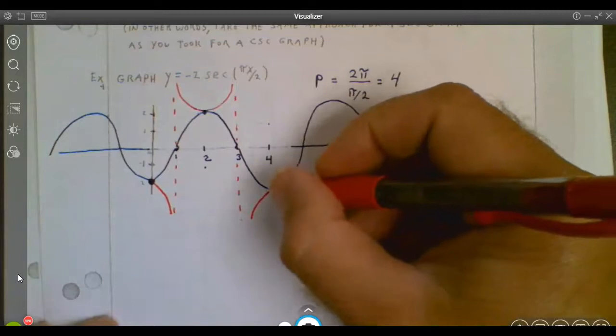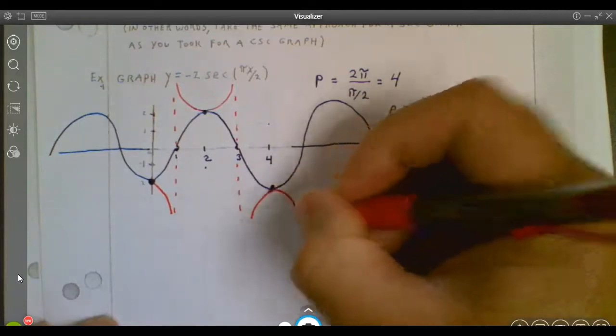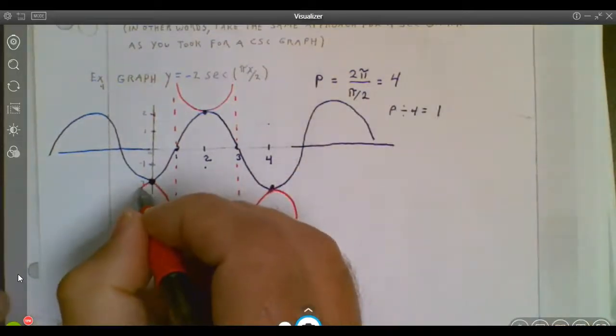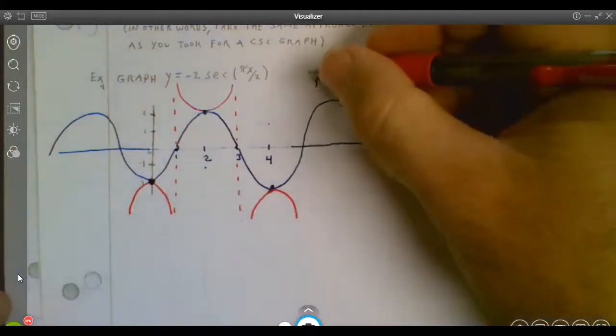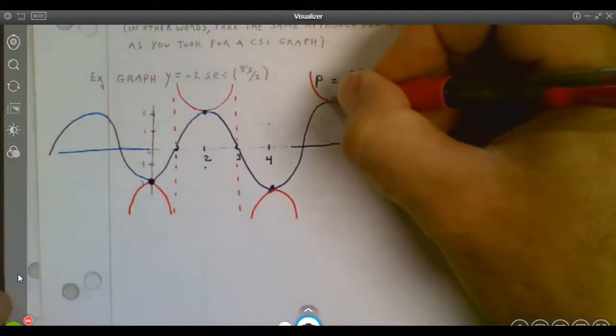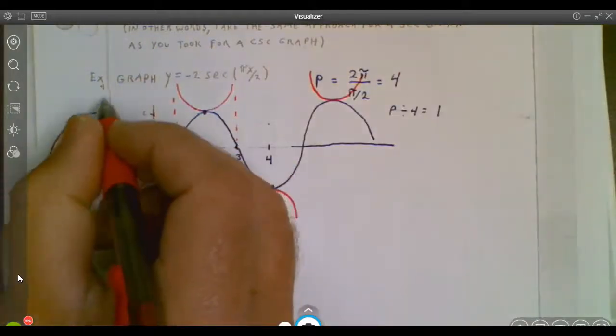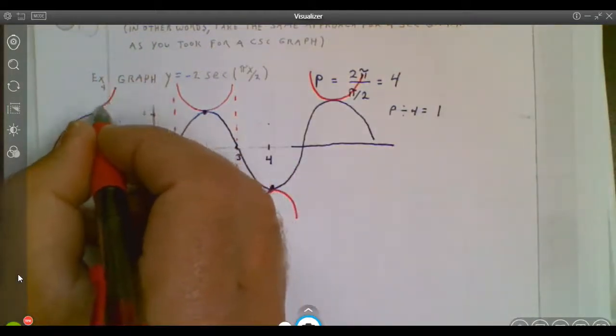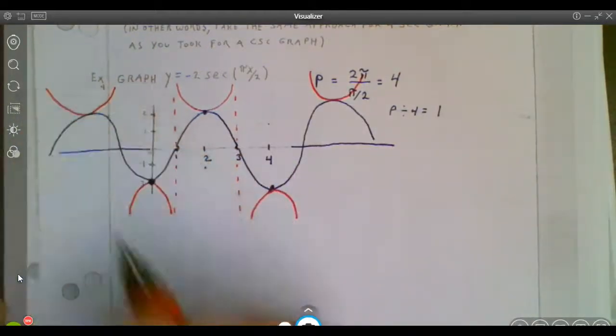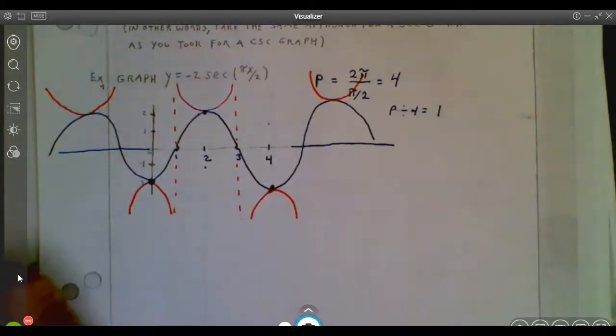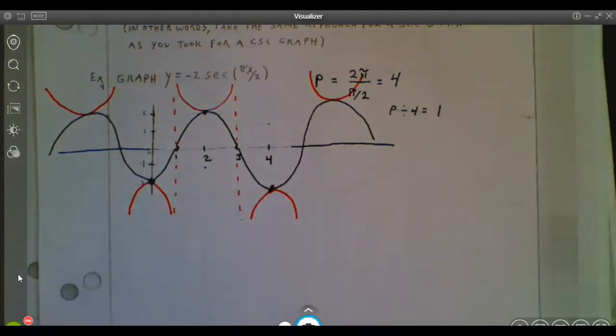So I am flipping, and here you can see more of it now if I continue this. So we're flipping the cosine curve to become the secant curve. And so it's going to really look like that, right? Similar to what I did on the one up above. So only the red graph is our answer, right? So really the blue graph is not actually there. We used it as a guide to get the red graph, which is our secant graph.